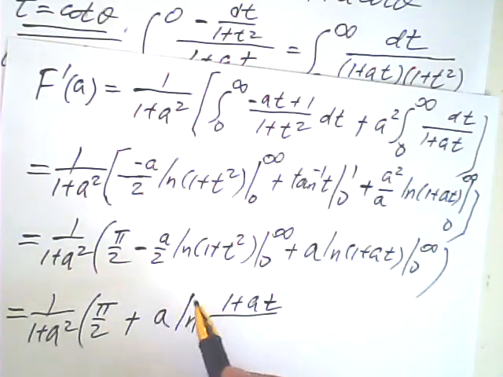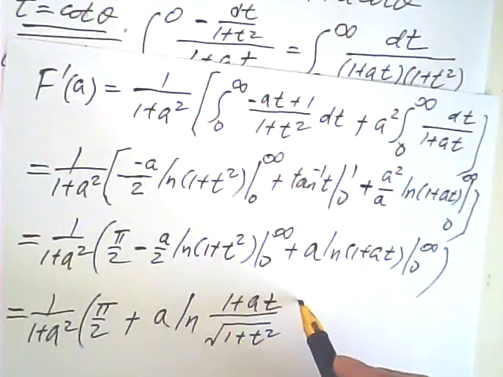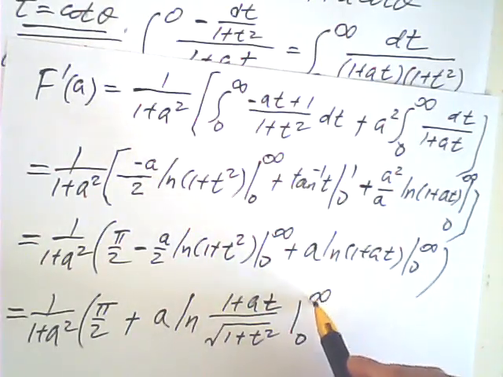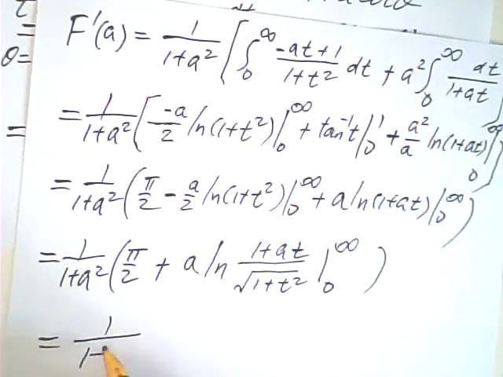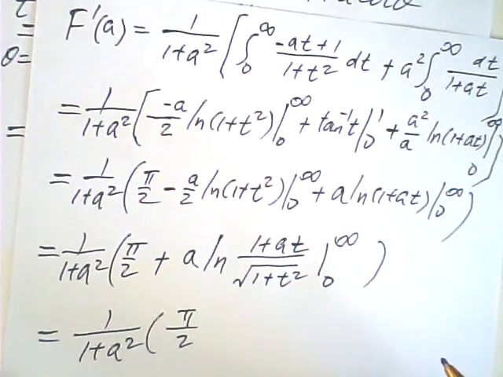This one is negative on the bottom, and the half becomes a square root. Yeah, very good. Yeah, this is 1 over the square, half pi.